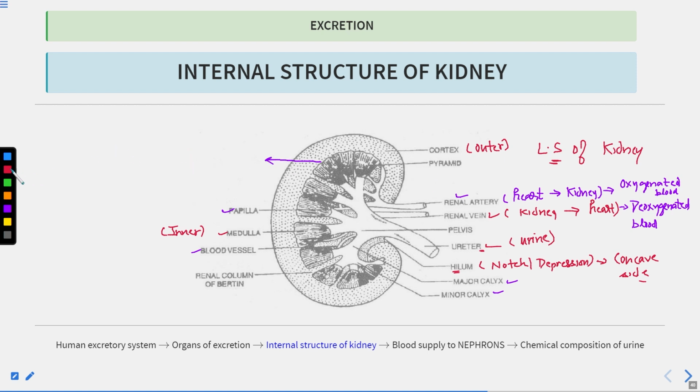These are known as the renal medulla. And what is the function of the renal medulla? Again, it helps in the filtration of the blood, the same function as the kidney, because they are part of the kidney.